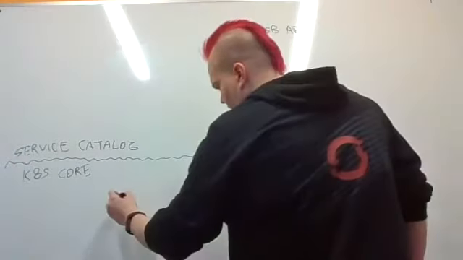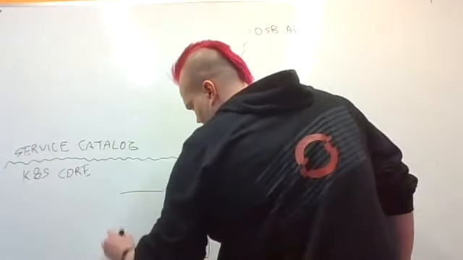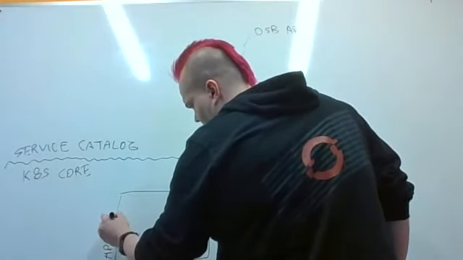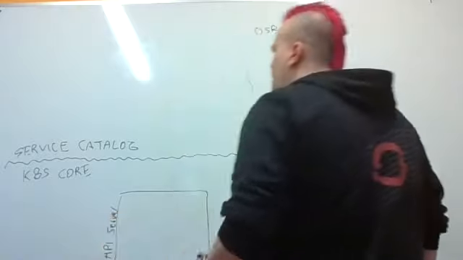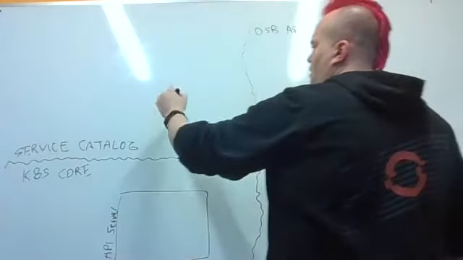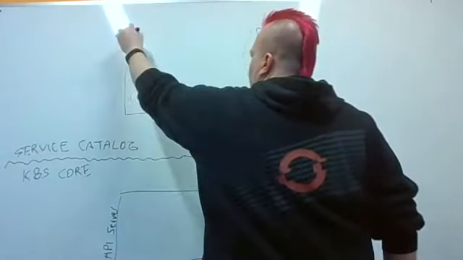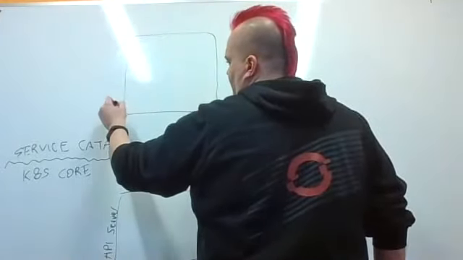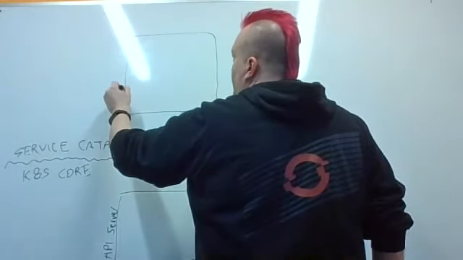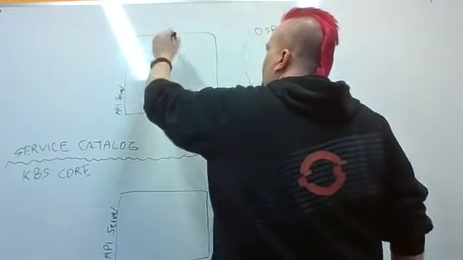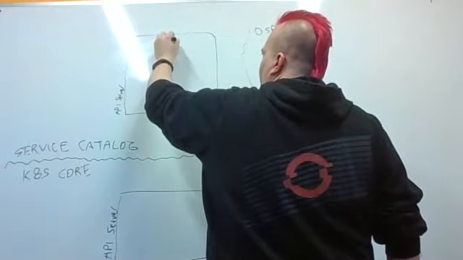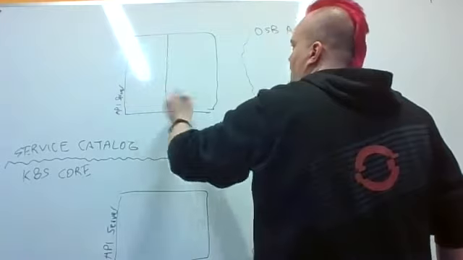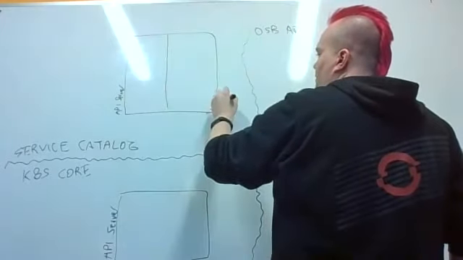So here is the Kubernetes API server. And here is this box, which is both the API server and a controller.